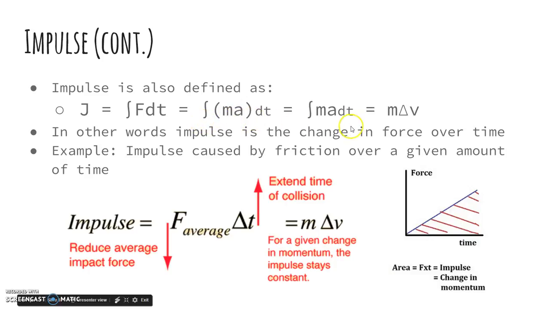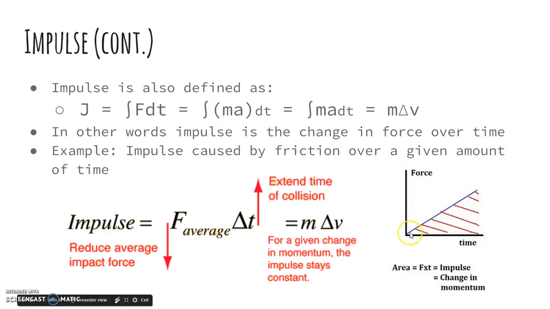And right here, I have an explanation or a proof for how this happens. It's not very detailed, but this is the same thing. In other words, impulse is the change in force over time.